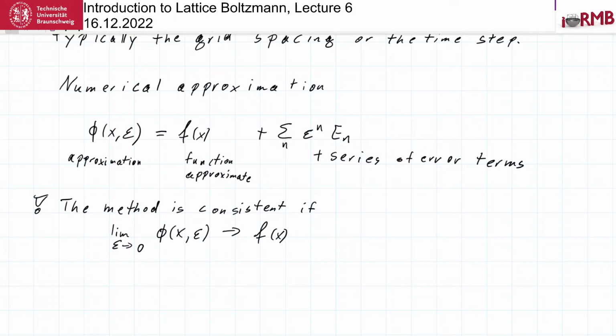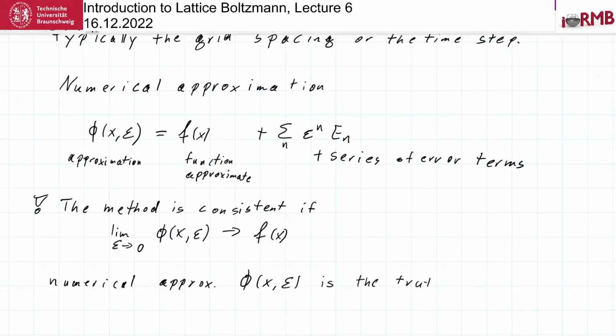Okay, so this is the concept that we have to understand now. We have the numerical approximation that we call phi of x and epsilon. This is the so-called truth.